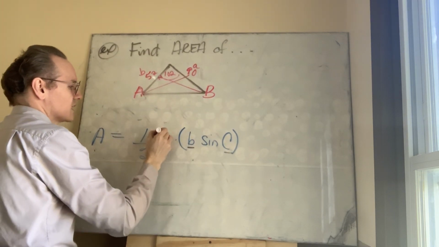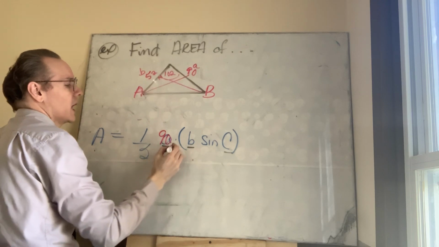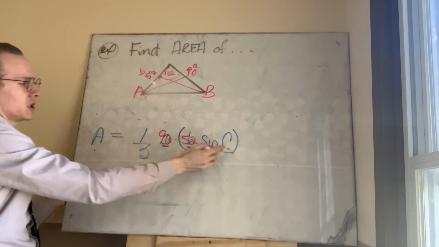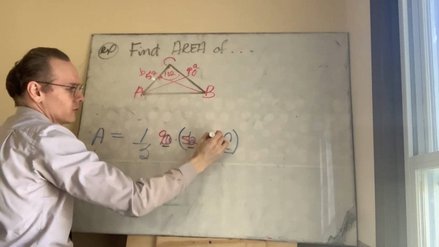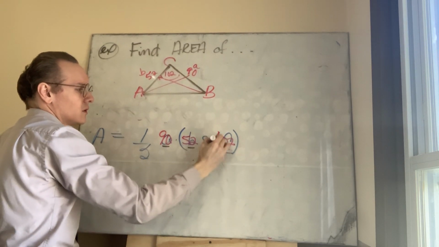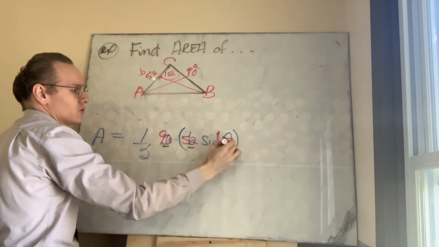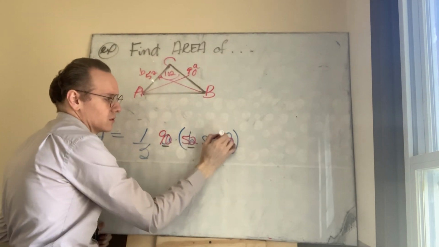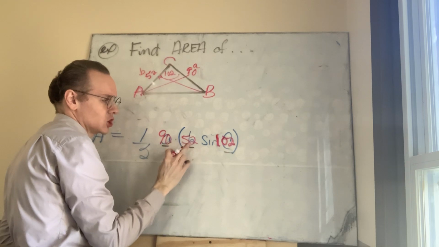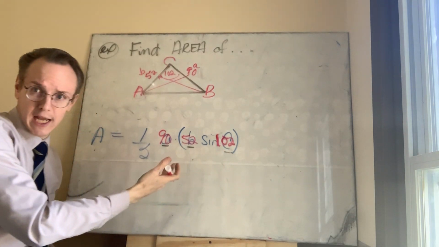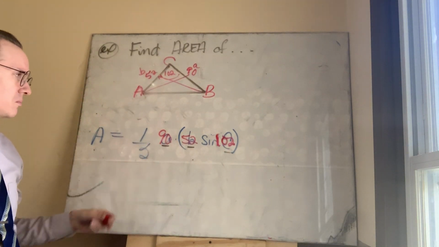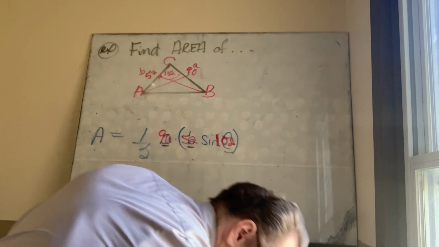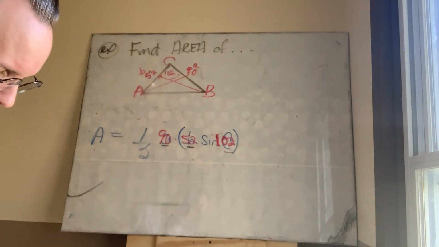That means that we could stick 90 right in here and 52 right in here. And then this would logically have to be the remaining angle of 102. Without even thinking that hard, if you have the formula, as long as you know that these are side dimensions and this is an angle, the capital letter, then you probably wouldn't even need the picture. But anyhow, that's one way of thinking about it.